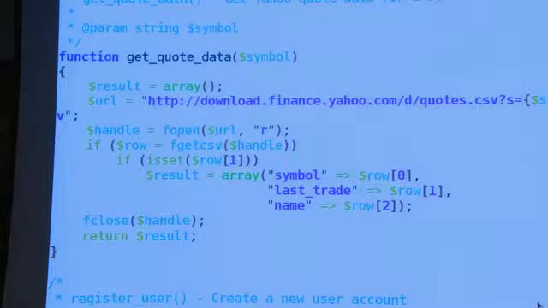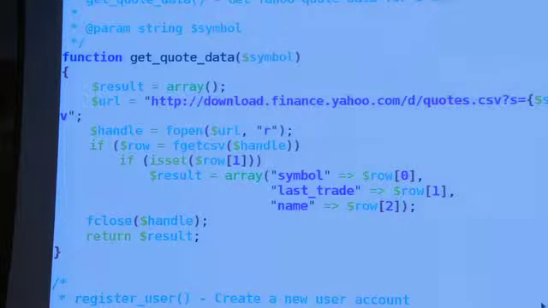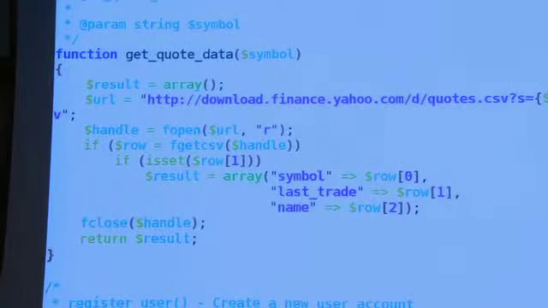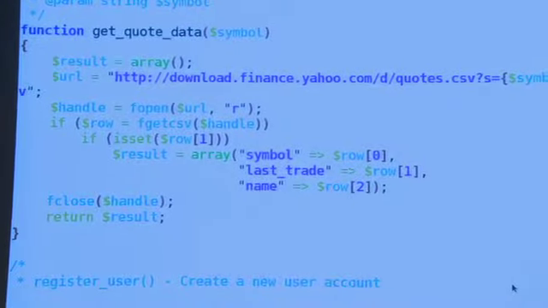If the row value 1 in this case is set, then I know I've got data. I found a last traded value. So what I'm going to do is create an associative array with the symbol set to the first parameter, the last trade set to the second parameter, which we saw that L1 is the last trade, and the name set to the third parameter, which was that N from the URL that we used.